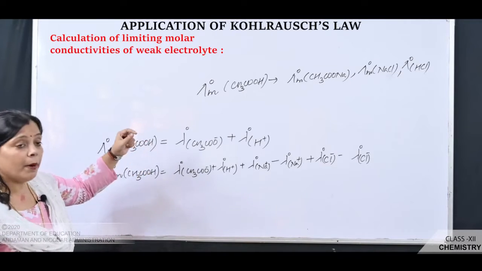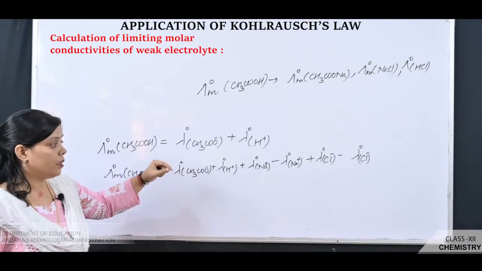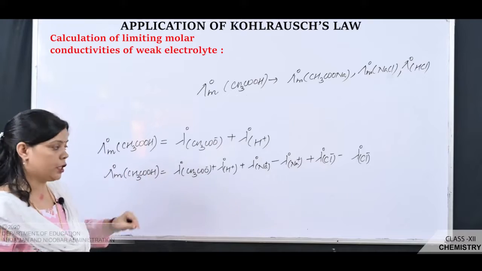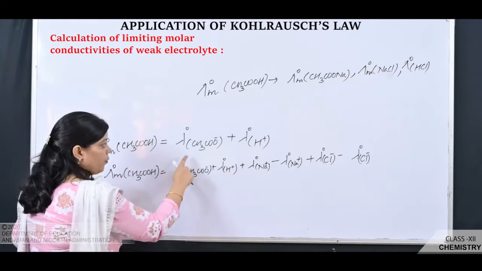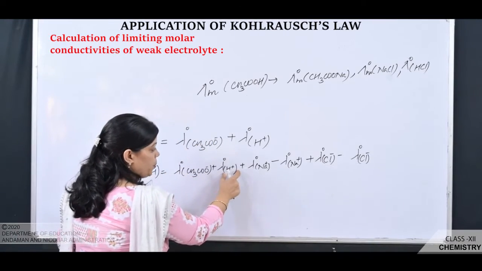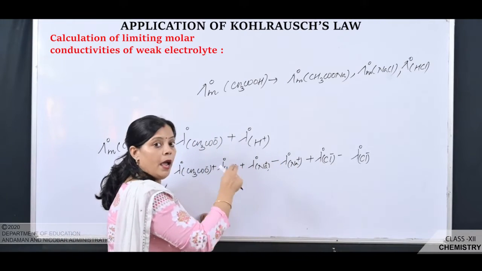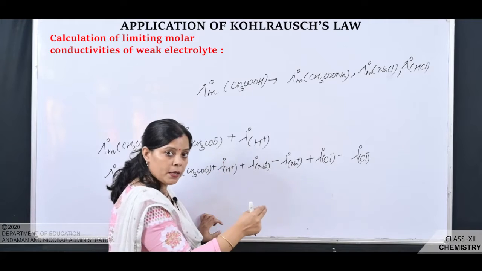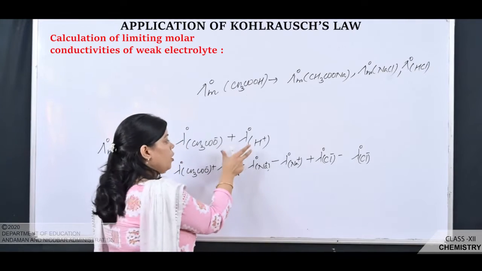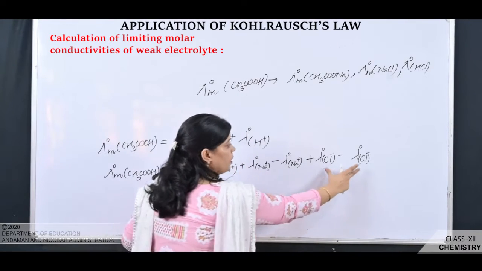Here, by adding and subtracting the Na⁺ and Cl⁻ ions on the right hand side, we get H⁺, then plus Na⁺, then again minus Na⁺. After that we get this.